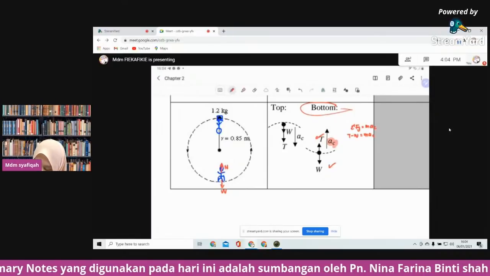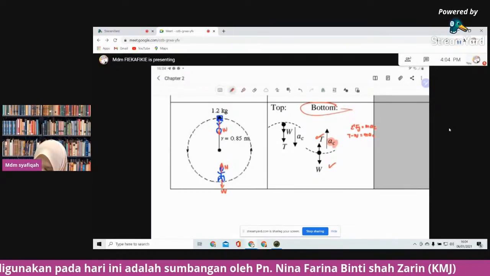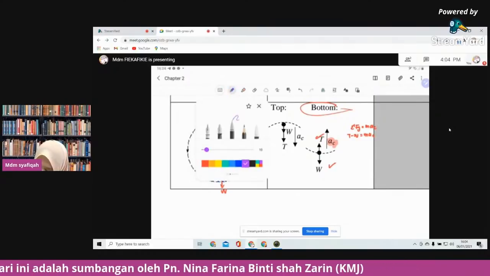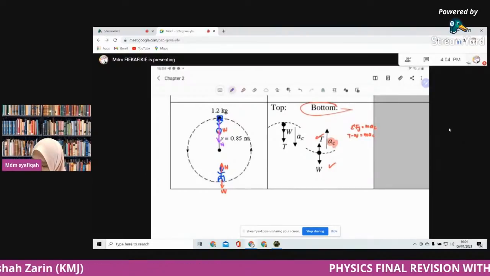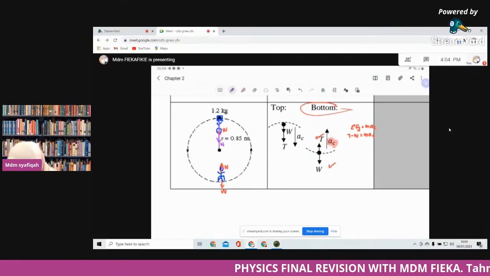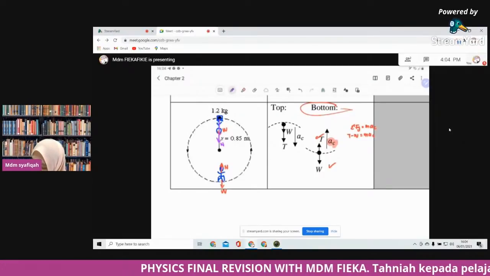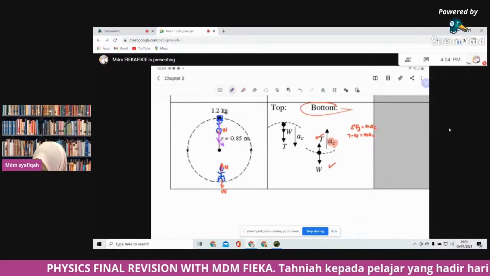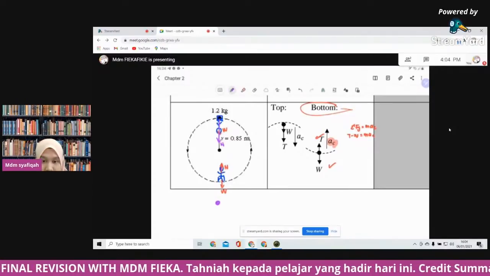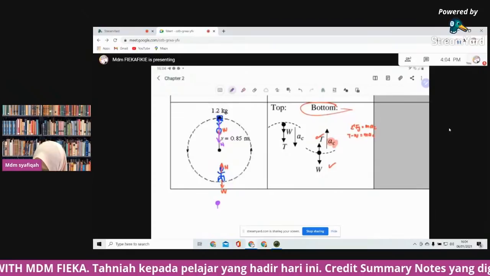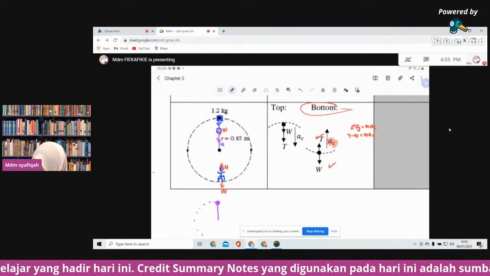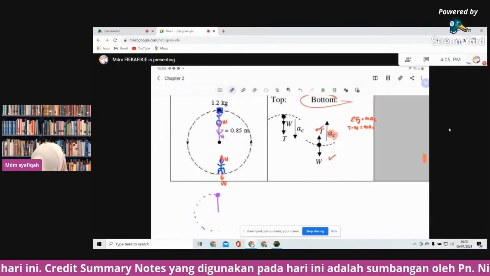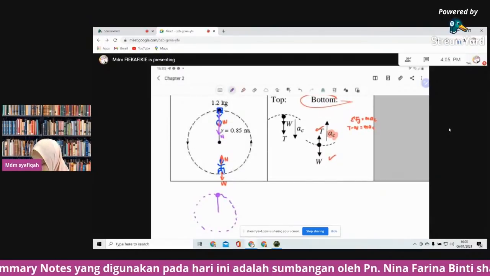Okay. And this one, we have weight downward and we also have normal. Okay, normal. So, dia adalah yang ni objek, ini tak apa. Ini dia guna T pula. Okay, kalau T, let's say you ada batu, a rock that tied to a string and it's moving in a vertical circular motion. Okay.